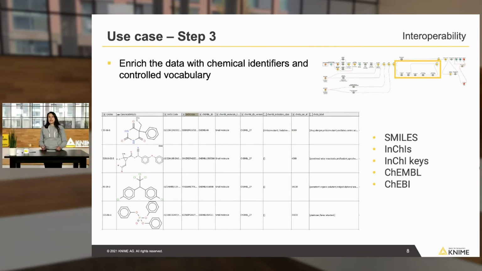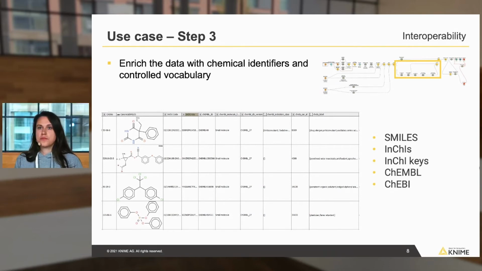And also to make the data linkable, that is retrieved from other, for example, really large data sources like ChEMBL or ChEBI, I was also enriching my data table with a controlled vocabulary from the ChEMBL and ChEBI ontology. Nice side effect was that now also the human immediately gets what is actually the target of these compounds and what's its effect.